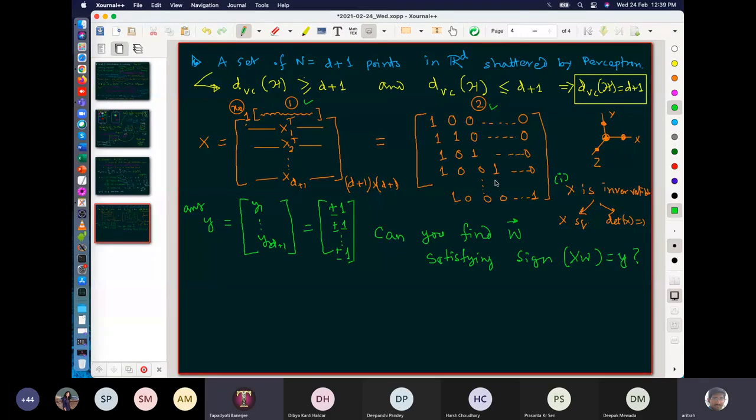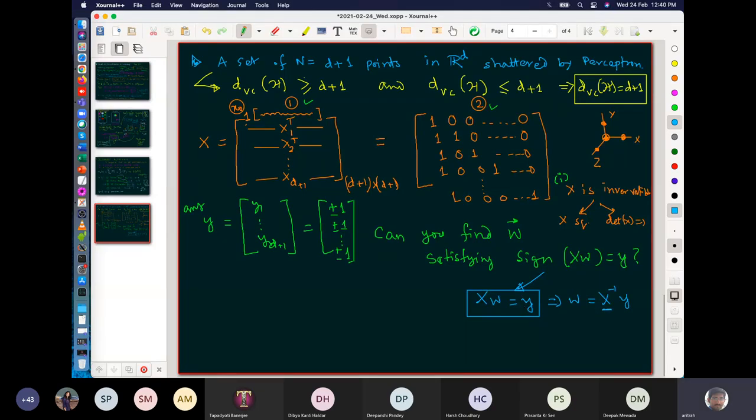It's a perceptron. Yes, sir. So this is pretty easy, because instead of requiring the sign to match, I make xw itself equal to y, so my w will be x inverse y. Why am I taking this? If xw itself is 1 or minus 1, then their signs will also match.